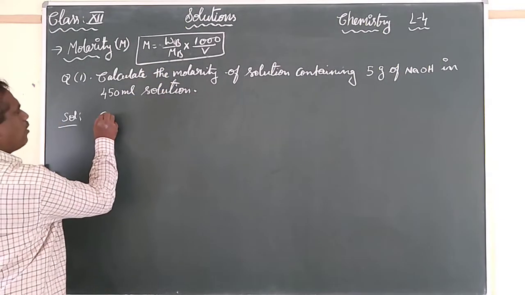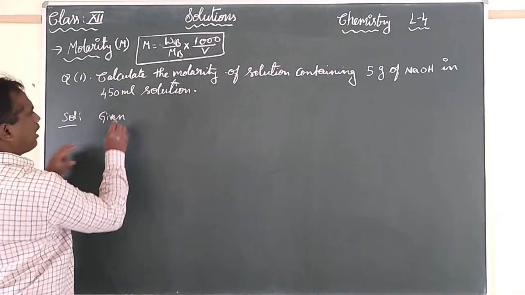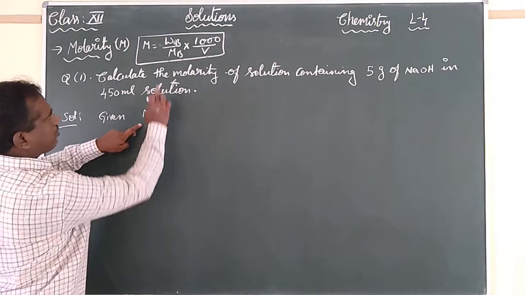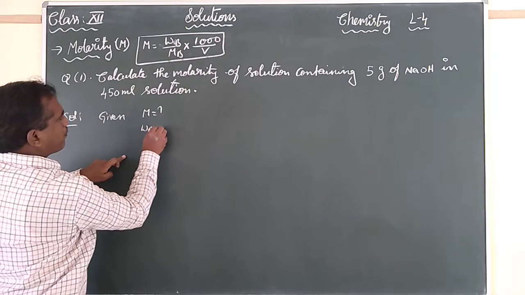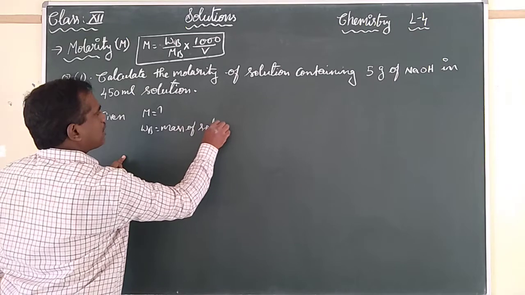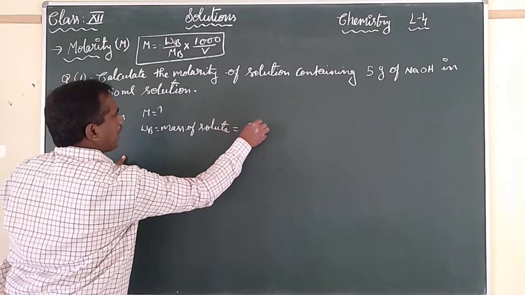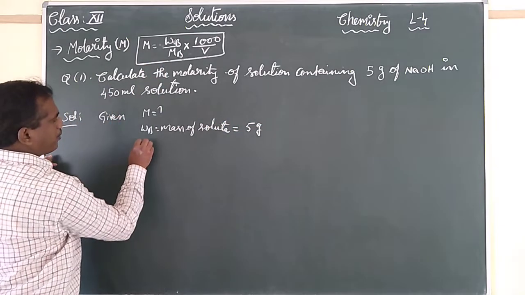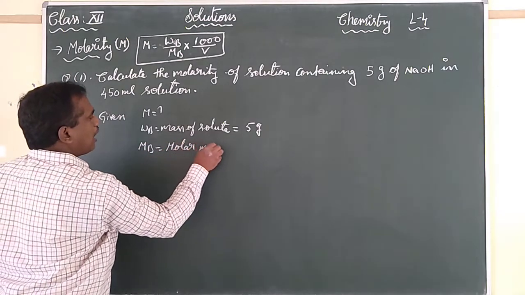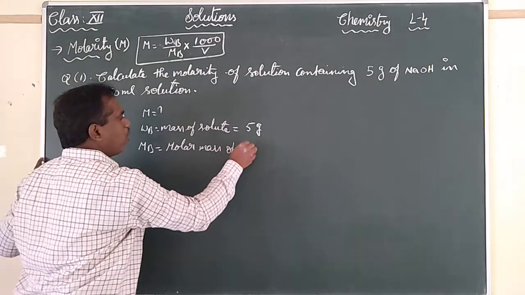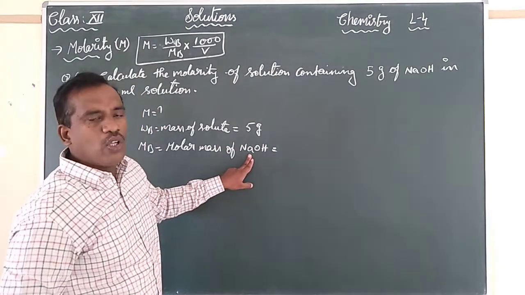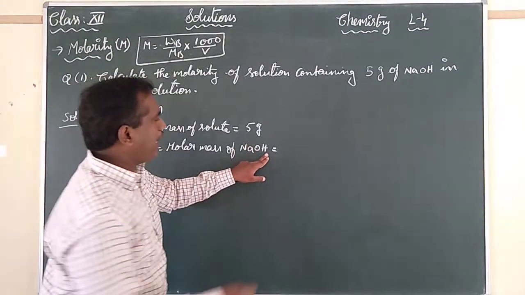So let us see what is given. We don't know M, which needs to be calculated. WB, that is the mass of solute, is 5 grams. MB is equal to the molar mass of NaOH. How do we calculate it? Sodium, oxygen and hydrogen.